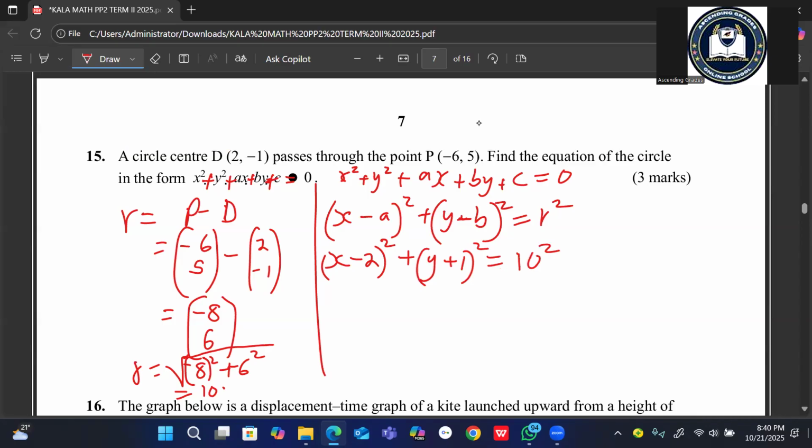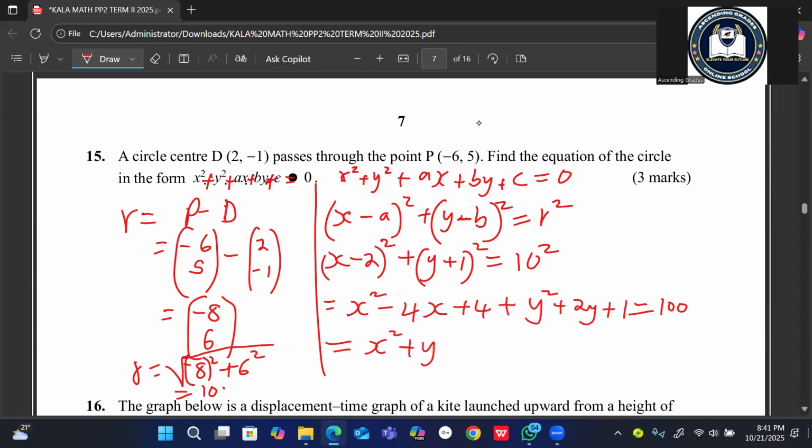So this one is the same as x squared minus 4x plus 4, that is the expansion of the first one, plus y squared plus 2y plus 1 is equal to 100. So this one means that it is x squared plus y squared minus 4x plus 2y.